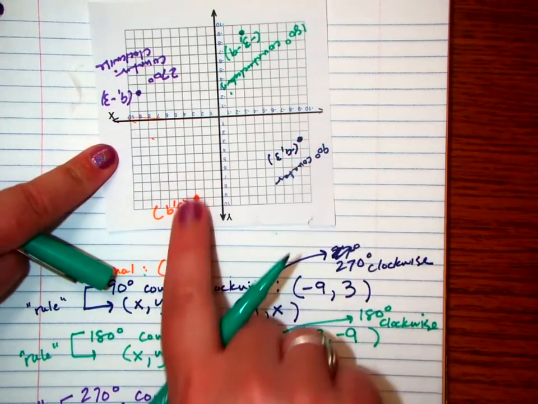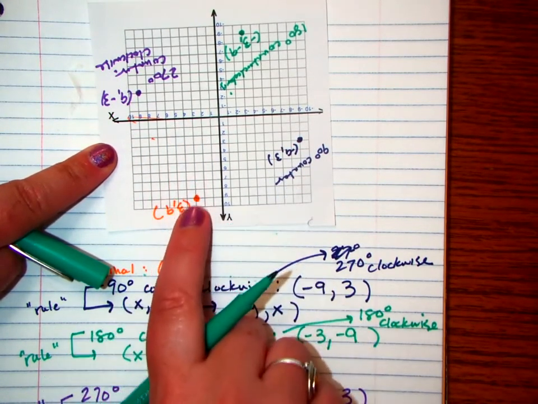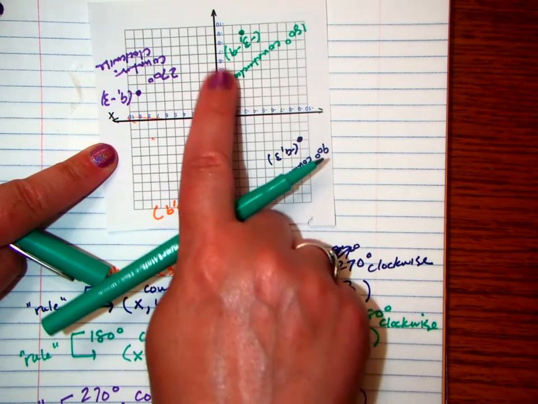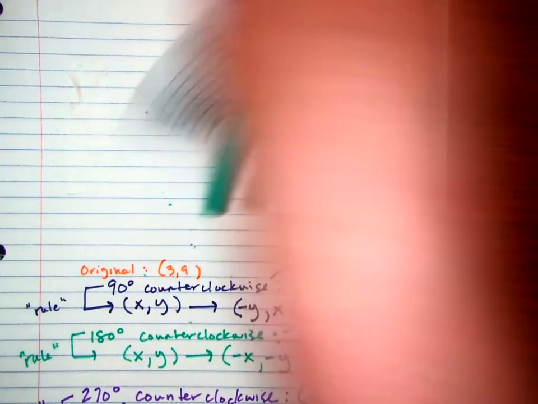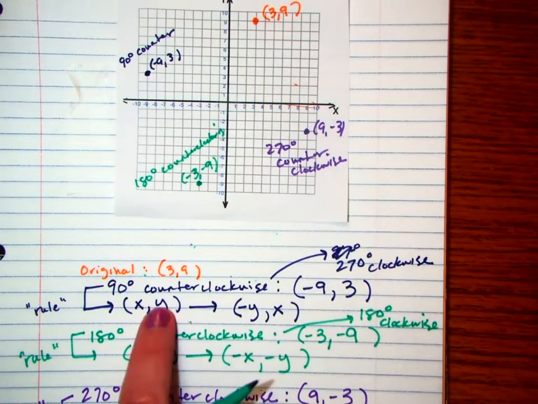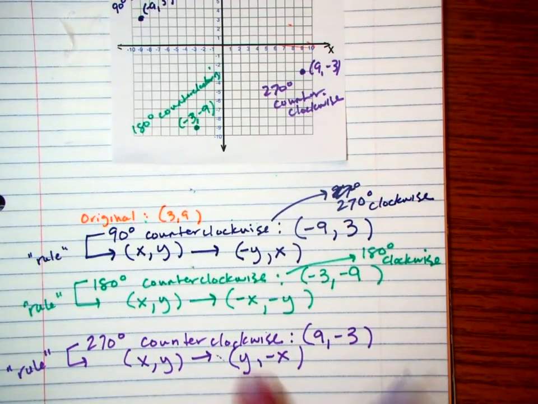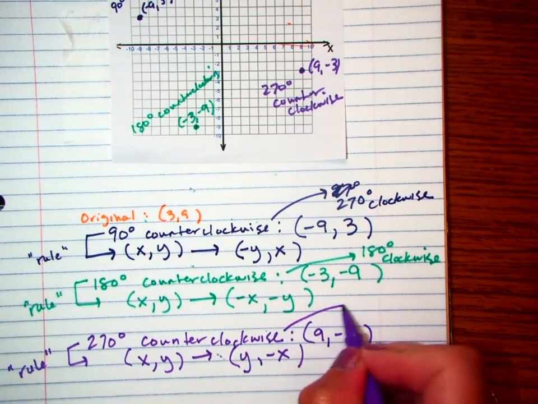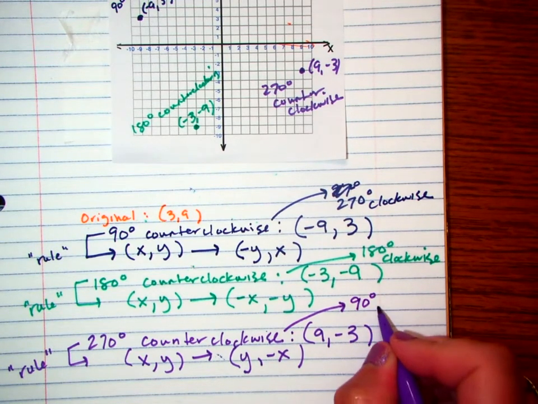You'll notice that orange is down at negative 3, negative 9, where that original green was. So that's the same. You can do either one as long as you remember it. And then the last one: 270 counterclockwise would become 90 degrees clockwise.